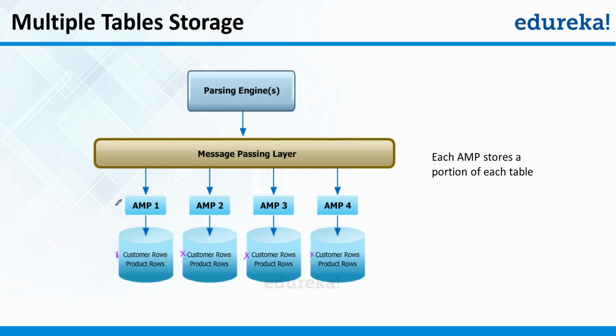So these containers are all instantiated across all the AMPs, but not all of them have data. If the number of rows is less than the number of AMPs, you cannot have the same row in all AMPs, right? You just have one place, single version of truth. Correct? Clear with this? Similarly for the product table also. You have instances of the product table on all the AMPs. Clear with this?